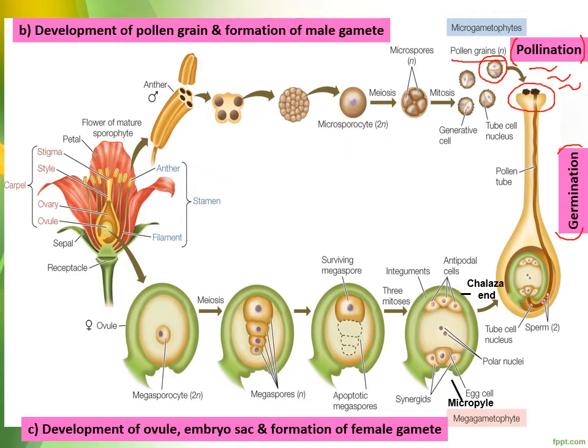This pollen grain will then absorb water and germinate by producing a pollen tube. This long pollen tube delivers sperm to the embryo sac. Now let's look at the next slide.